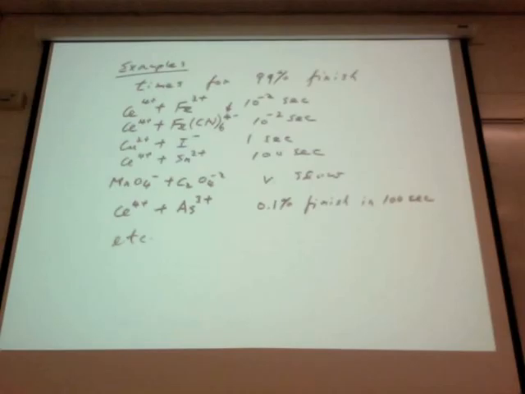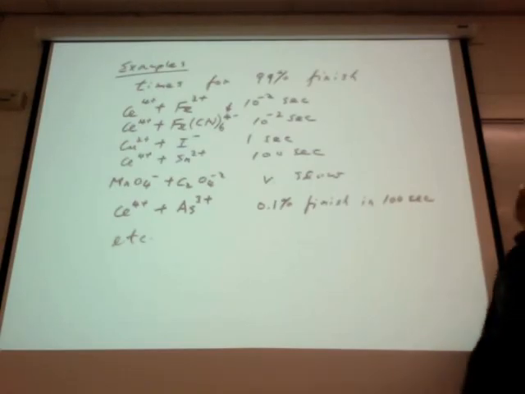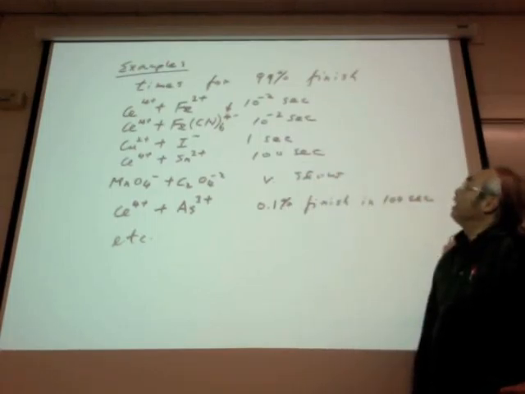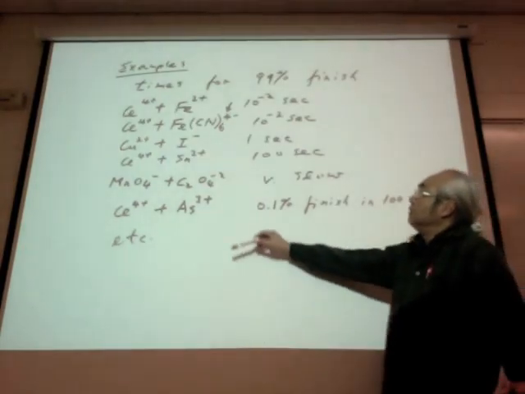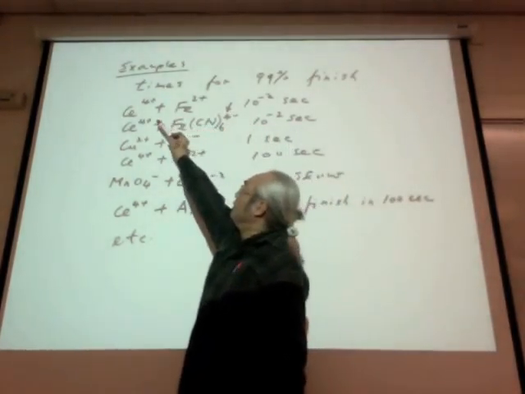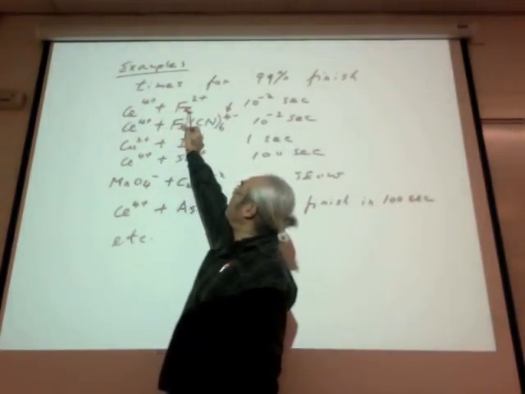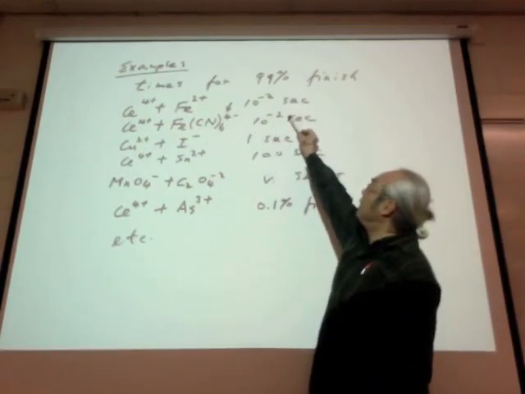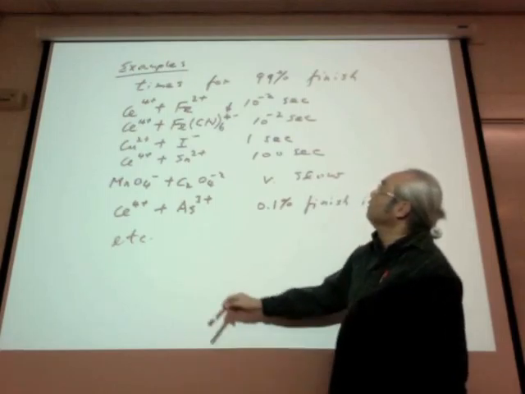So now here are some examples of experimental results. You measure the times for 99% of the reaction to finish. When mixing cerium 4 plus and 2 plus, it is a fast reaction, taking less than a second to finish.